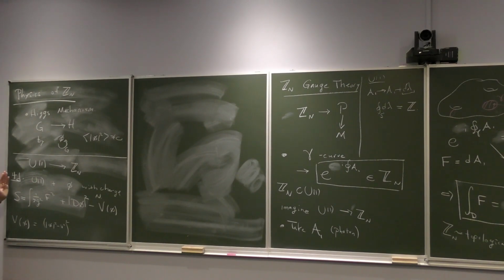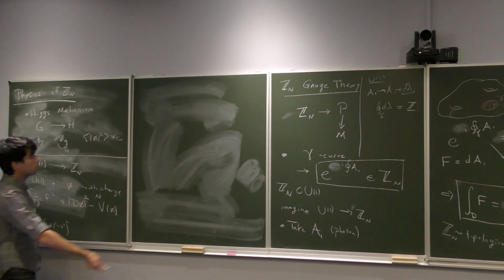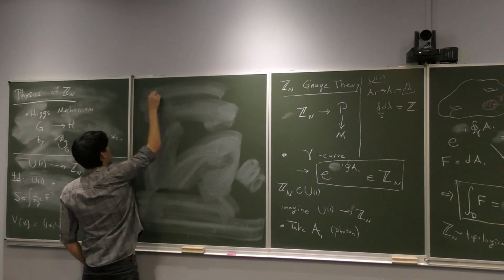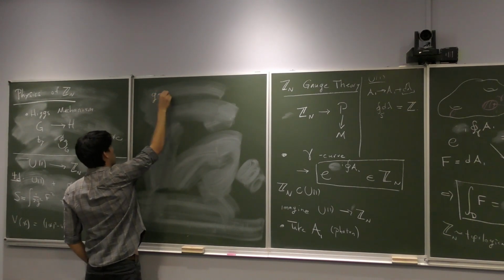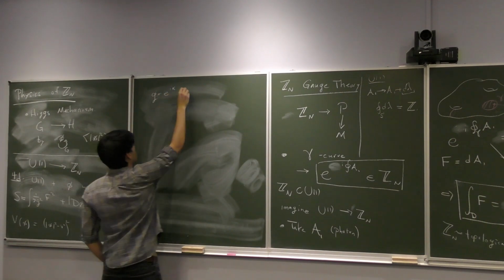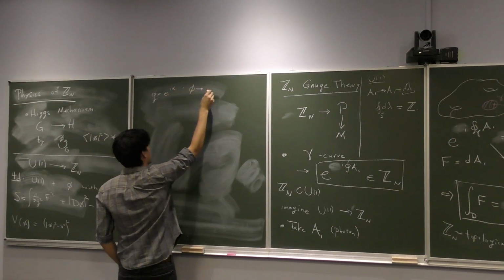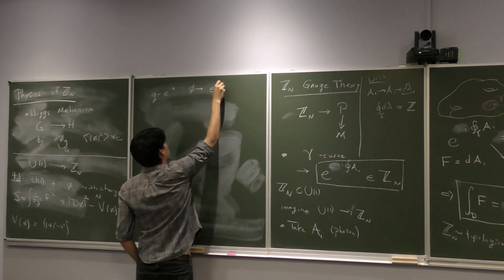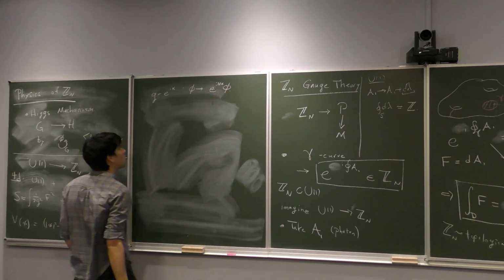So the reason why I'm picking phi to be charge n is the following. For it to be charge n, what I mean is that under a gauge transformation by alpha, phi transforms to e to the i n alpha times phi.